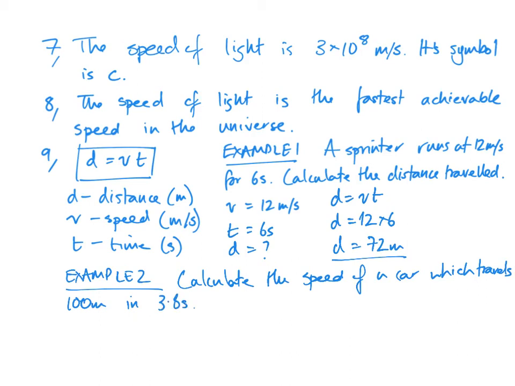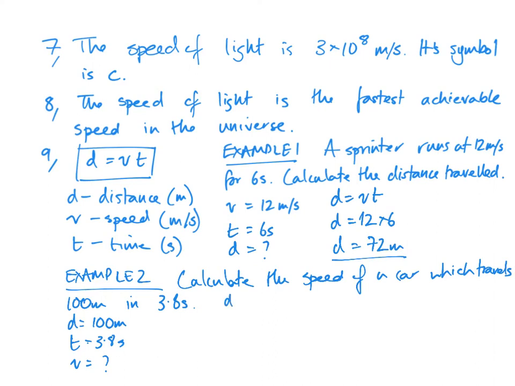So that's what we're given in the question. As usual, write down what you know. We've got the distance and the time, and we've been asked v, which is the speed symbol, remember?